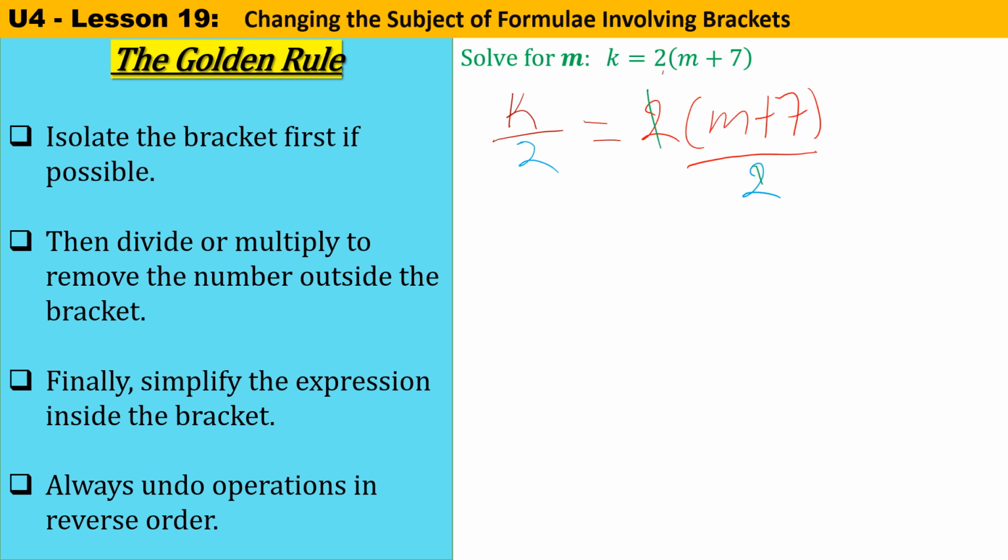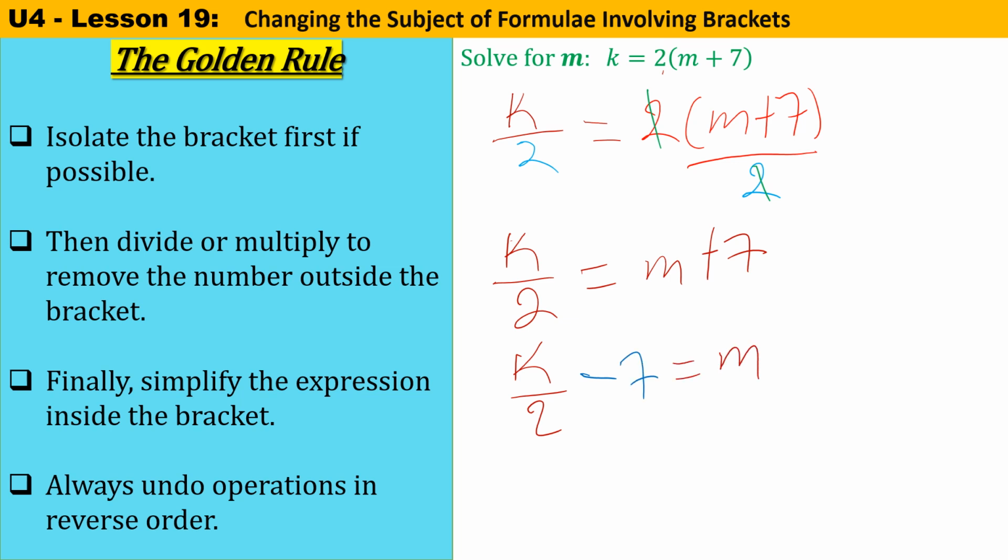2 cancel out 2, so k over 2 is equal to m plus 7. So here we are adding 7. So we need to do the opposite of that to keep the balance. So k over 2, we're minusing 7, equal to m plus 7 minus 7.